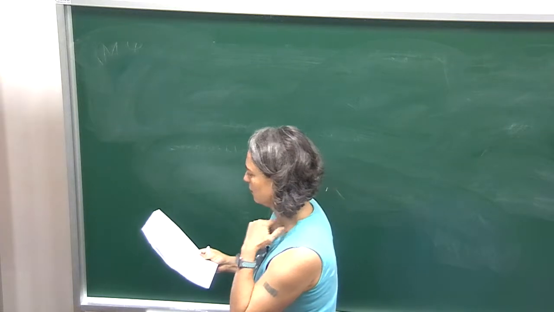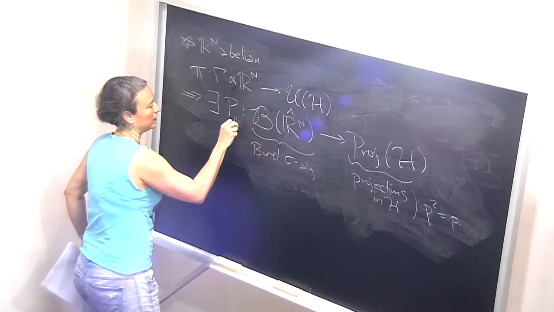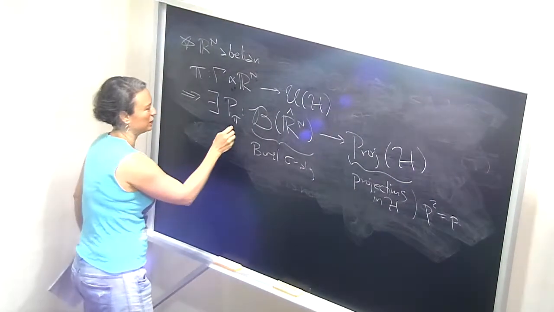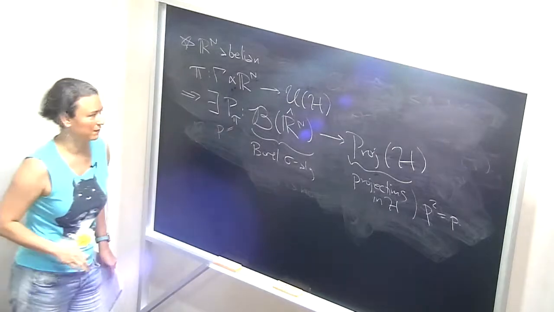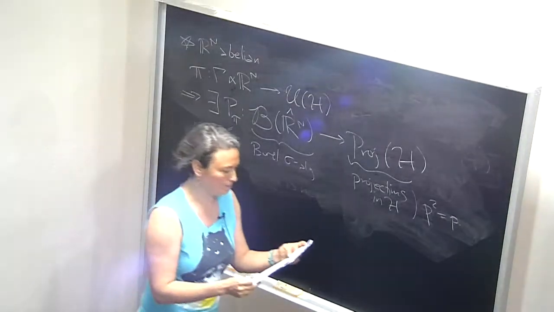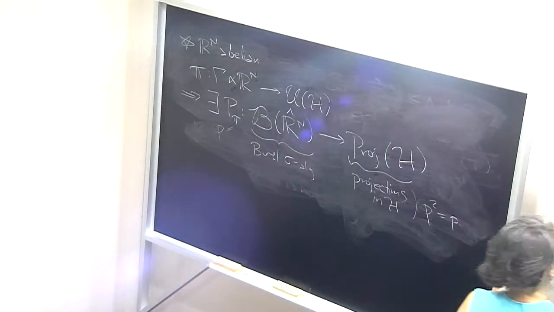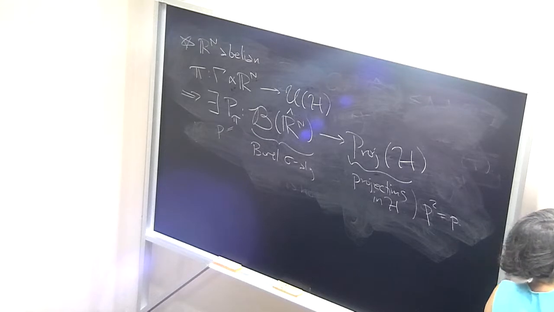And they satisfy, so given such a pi, there is a p sub pi, which I'm just going to call p because pi is going to be fixed, satisfying the following properties. So let me say again, p is p sub pi.